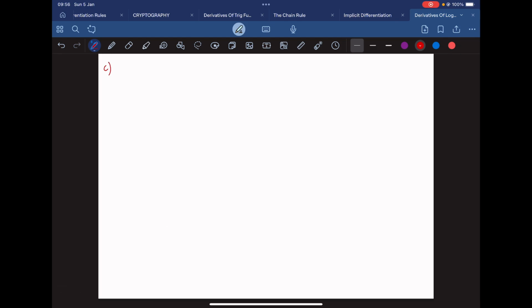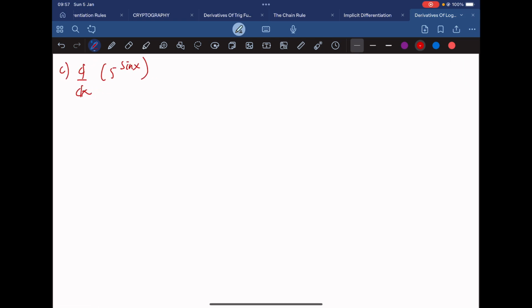Now we have to differentiate 5 to the exponent of sine x. How do we do it? Now remember, with this, we can use the theorem. This is our constant, which is a, so we can write everything over here.